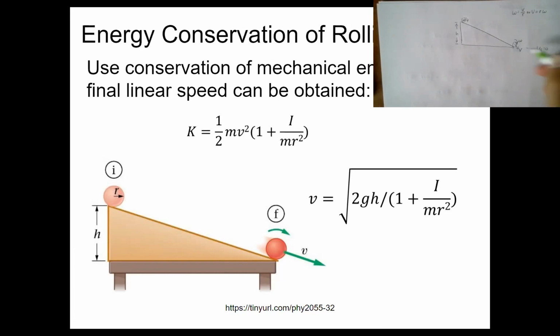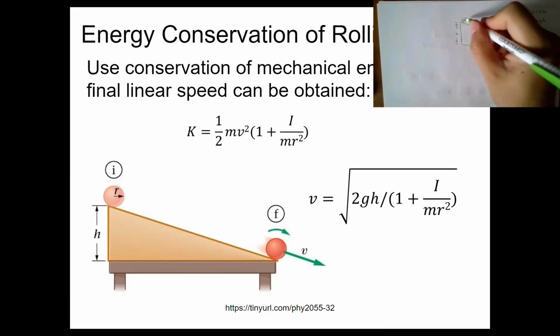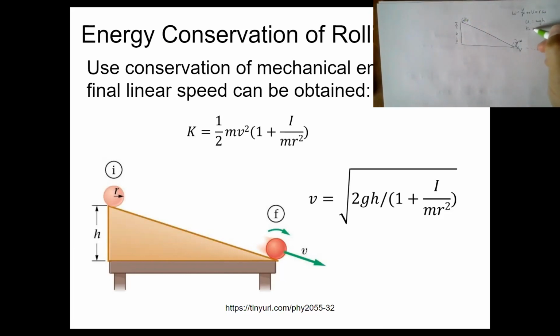Take U final as 0 because that's the low point, and then U initial should be mgh. Now if it starts from rest, K initial is going to be 0, and K final is going to be 1/2 mv² for the linear motion plus 1/2 Iω² for the rotational motion.